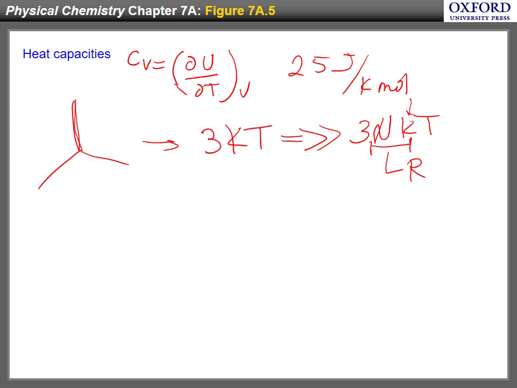Now, the funny thing is, Nk is actually the gas constant. As you know, Boltzmann's constant and the gas constant are synonymous to each other. They're just used in different systems. So in reality, the capacity equals 3R, which is roughly 24.9 joules per Kelvin mole.